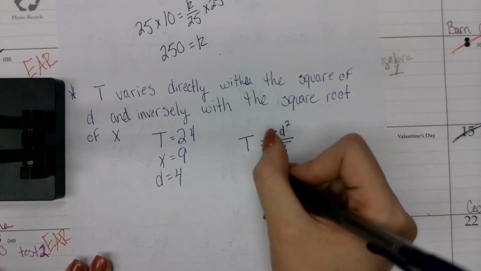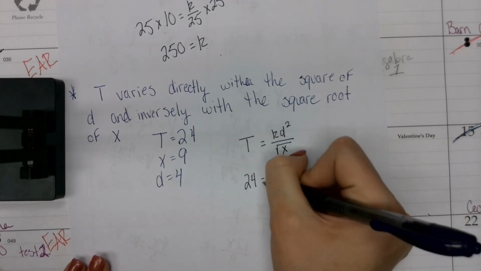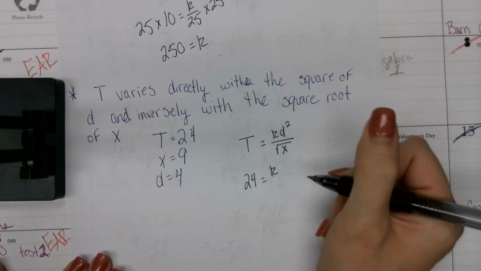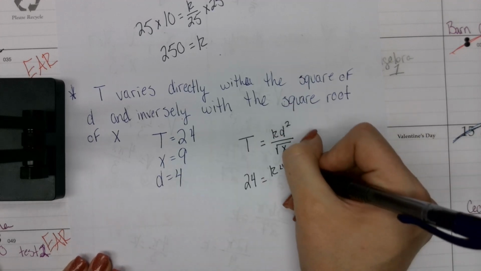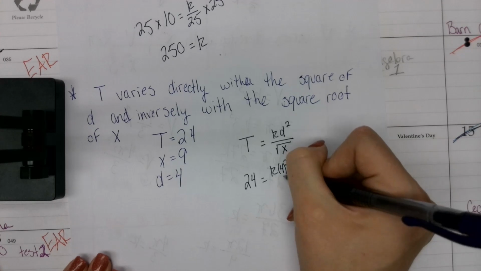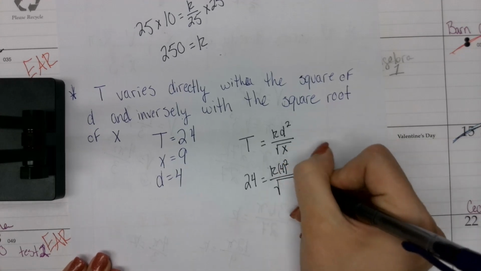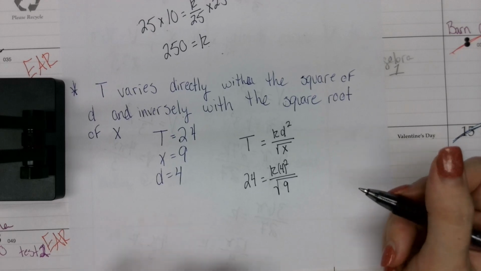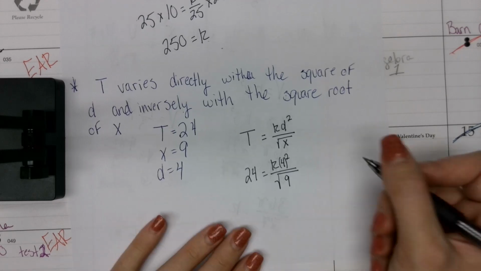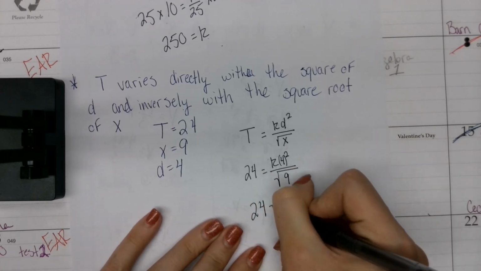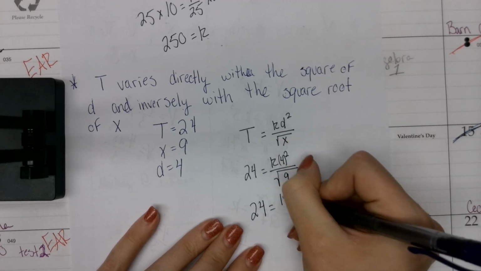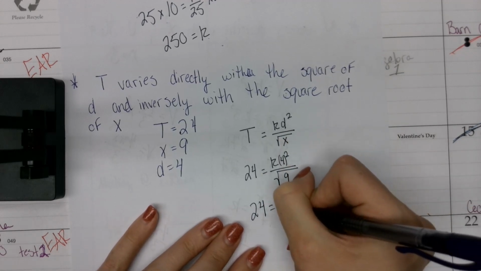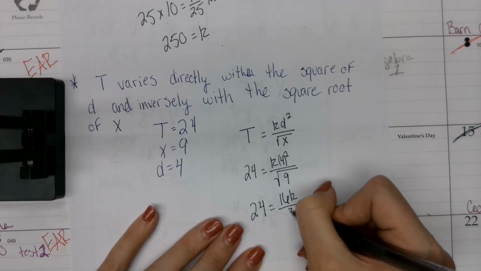So t equals 24, so I have 24 equals k times my d, so 4 squared, put parentheses around that, and the square root of x is 9, so we're going to put 9 in here, and then solve it. So I have 24 equals k times 16 over the square root of 9, which is 3.